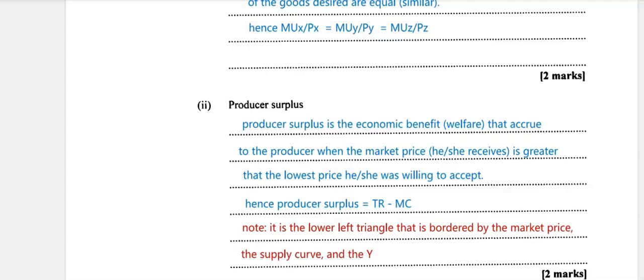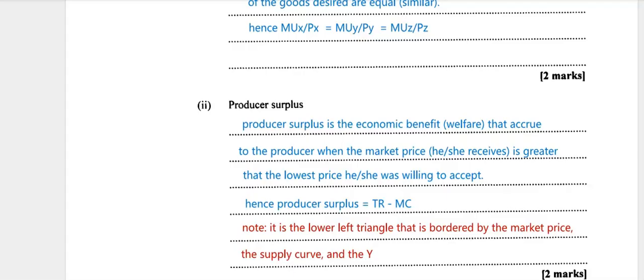In essence, then, producer surplus is the difference between the total revenue gained by the producer and the marginal cost of producing those goods. All right, if you can't visualize that algebraically, in graphical form, that is that lower left triangle of the demand supply curve, which is bordered by the market equilibrium price, the supply curve, and the y-axis.